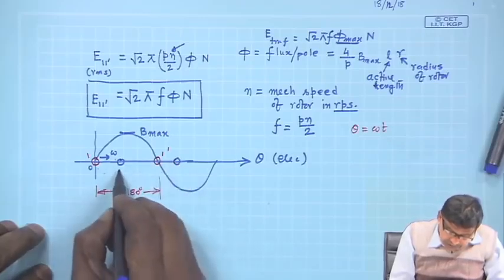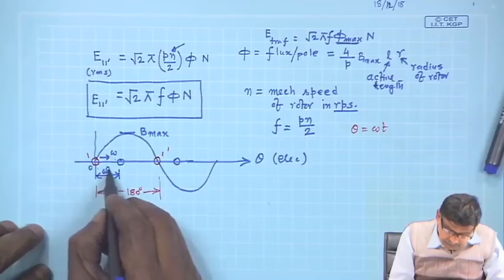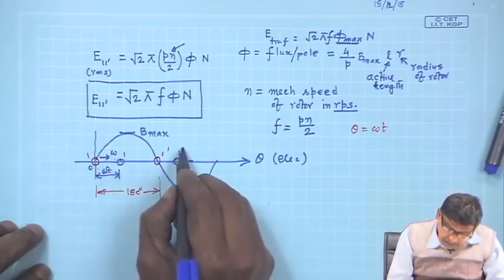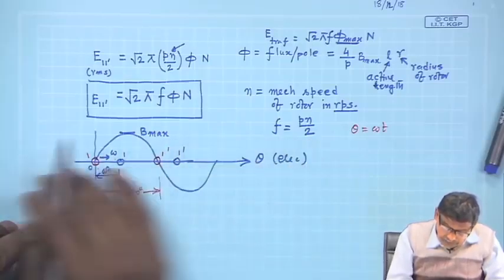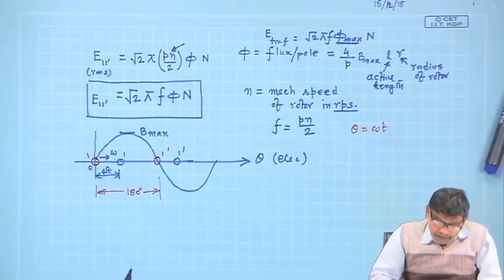So, at any instant t, this was omega t, and 1 will come here, 1 dashed will go there, and relative to this it is moving. So, all these things we did last time.